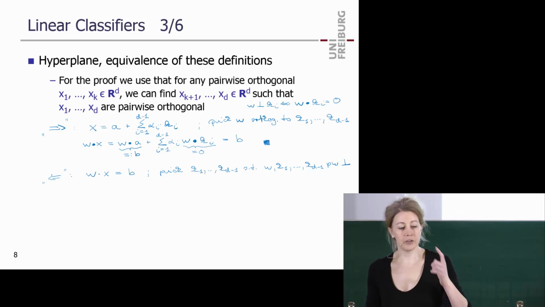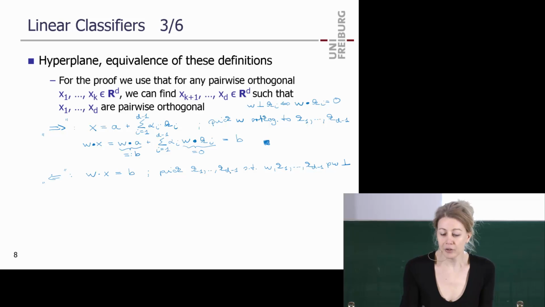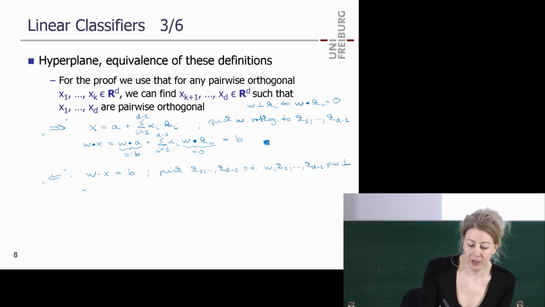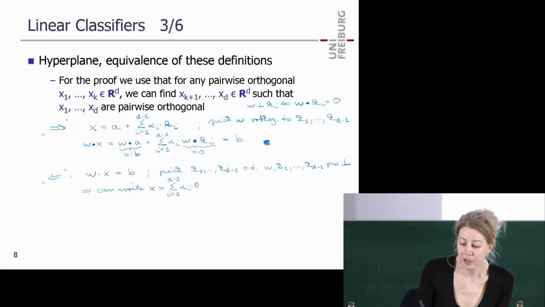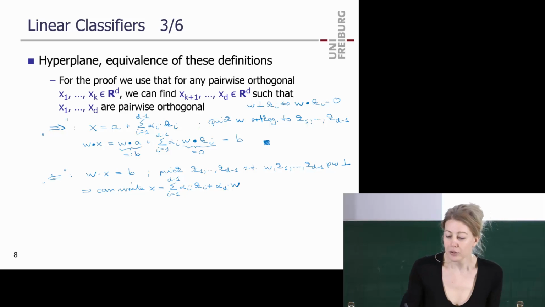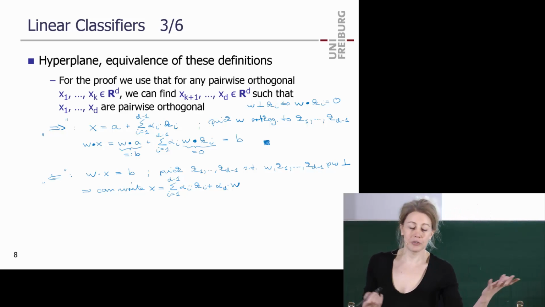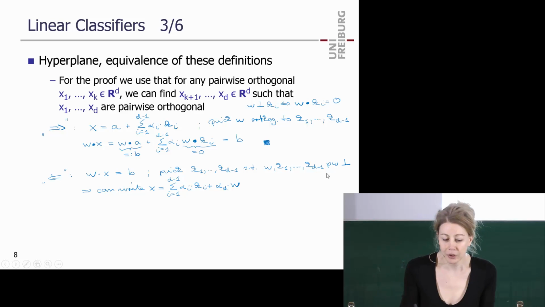So now I have a basis of my d-dimensional space, which means I can write a vector x, and this is the most basic thing from linear algebra, as a linear combination of those: alpha i times h i plus alpha d times w. I can write any vector from d dimensions as a linear combination of those.